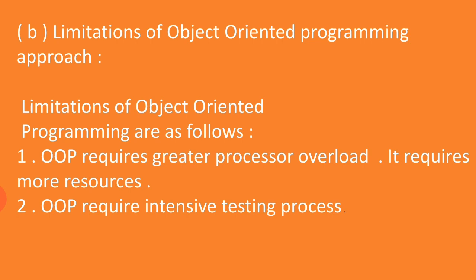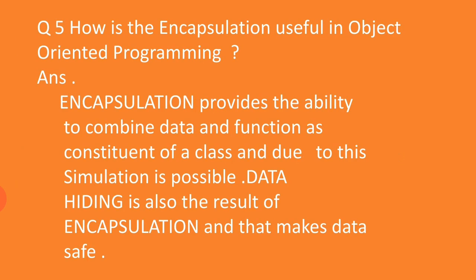So more resources are required in the object-oriented programming. Second, object-oriented programming requires an intensive testing process, right? So these two are the limitations of the object oriented programming. Otherwise, it's a very powerful tool to design complex systems, and it is quite fashionable these days to use object oriented programming.